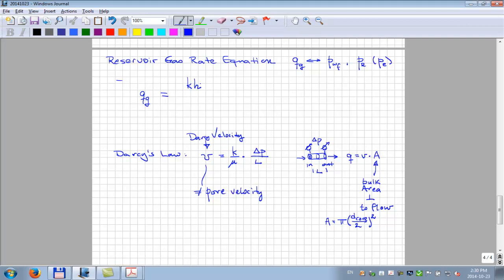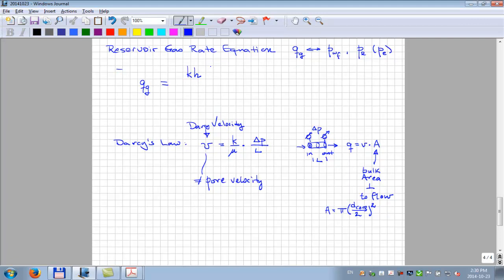And then we've got the pressure drop between the average pressure, exactly how to write this, minus the PWF.